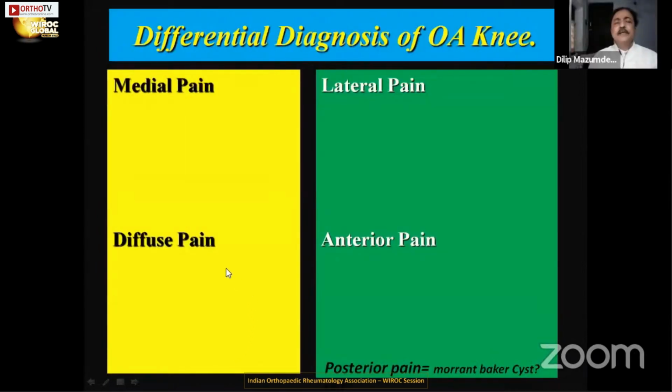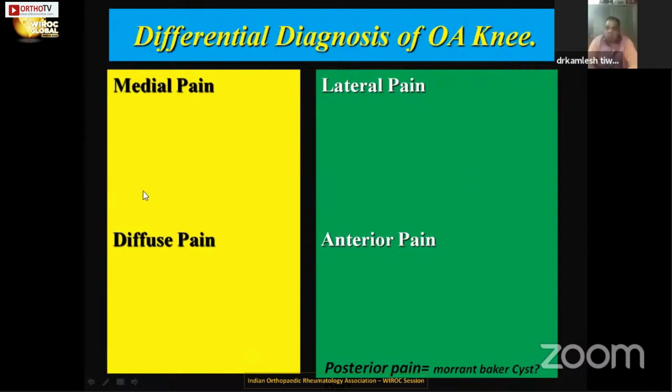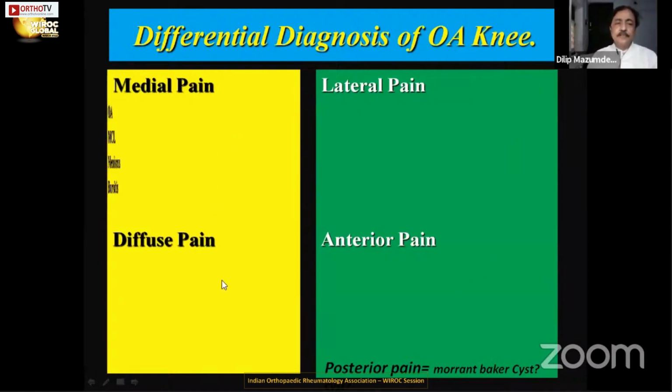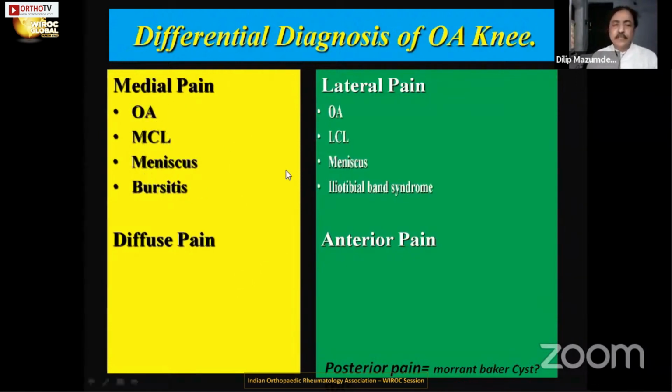So, differential diagnosis: as you have got all the investigations to filter out whether it is osteoarthritis or something else, we have come to the point that it is osteoarthritis. Pain has different locations: medial, lateral, diffuse, anterior and posterior. In medial pain, there will be osteoarthritis, medial collateral ligament, meniscus and pes anserine.